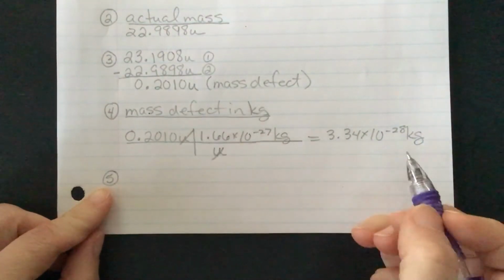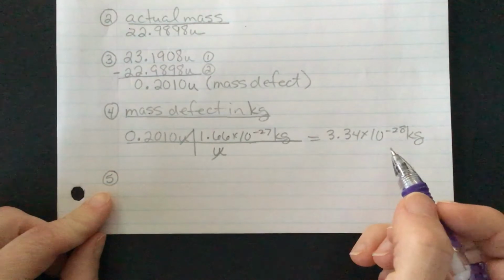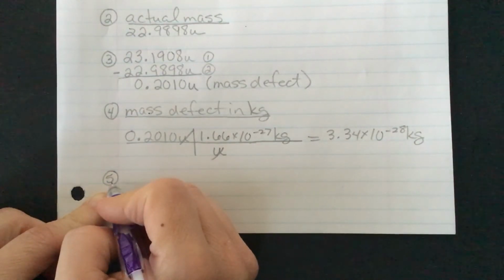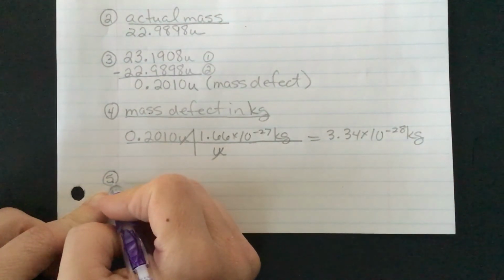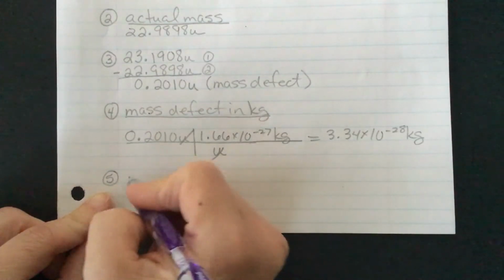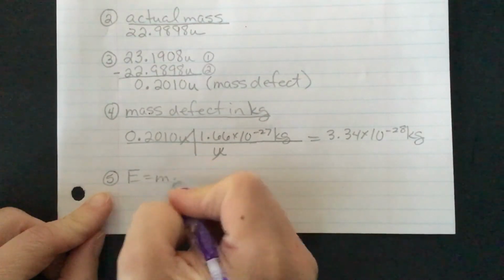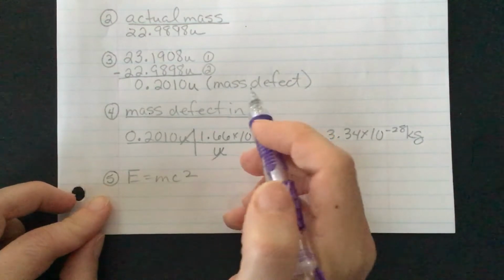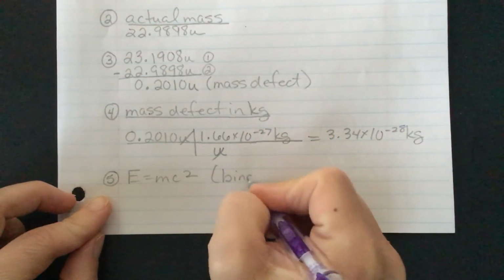So to find our binding energy for number 5, it's E equals mc squared.